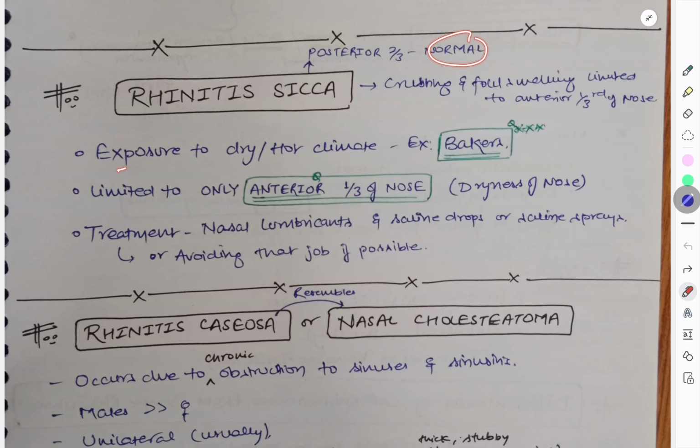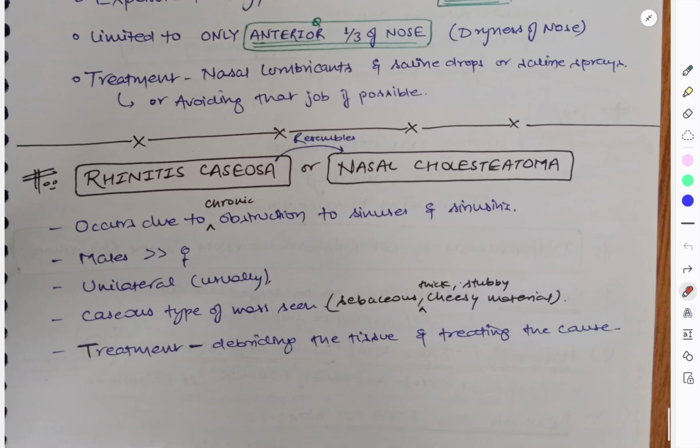It is due to exposure to very dry heat and hot climate for a long period of time, for example bakers, causing dryness of the nose. Treatment is nasal lubricants and saline drops or saline sprays, and if possible suggest he change his job.